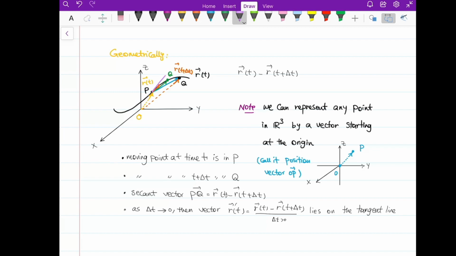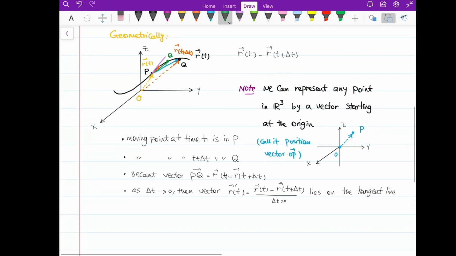So we're gonna say that r prime of t is the tangent vector. It's just because as delta t goes to 0, the vector PQ is gonna be lying on the tangent line.